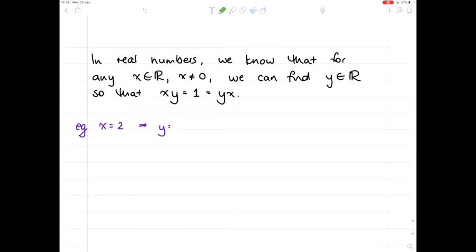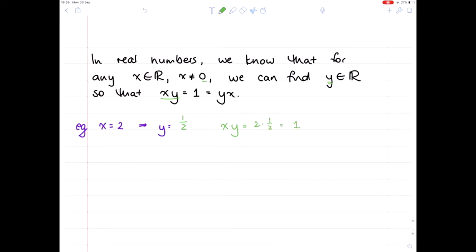So the next thing you might want to think about is, can you find inverses for matrices? So in real numbers, we know that if you're any real number other than 0, we can find some other number so that when you multiply you and that number, you get 1. So for example, if x is equal to 2, and I take y equal to a half, then x times y is equal to 2 times a half, which is 1.